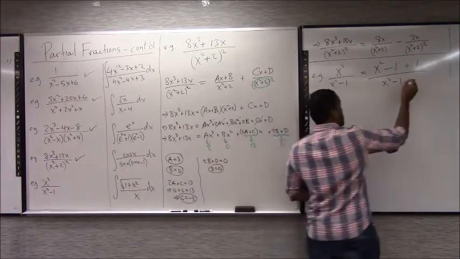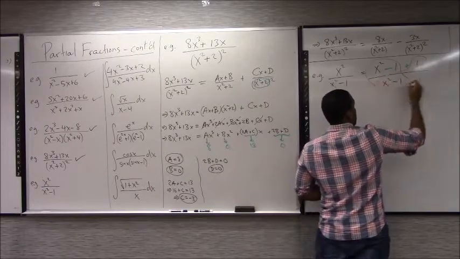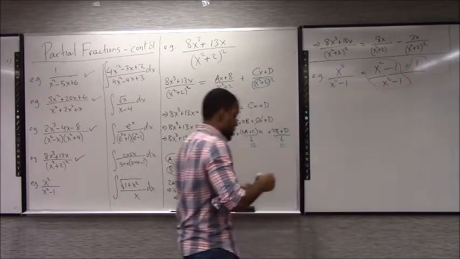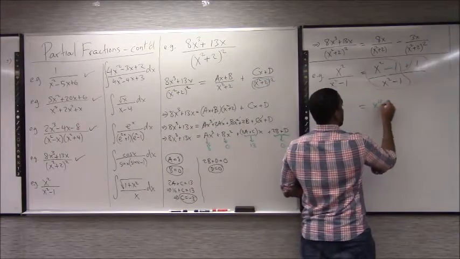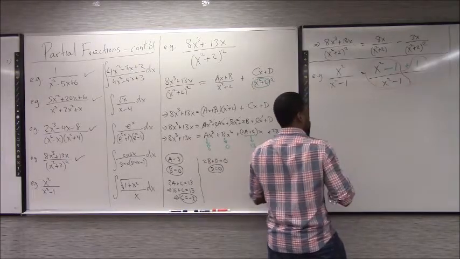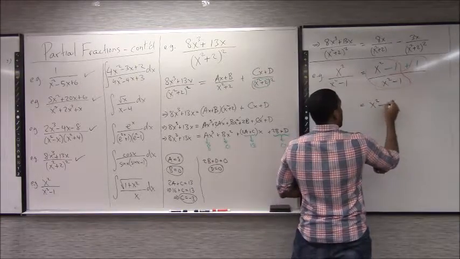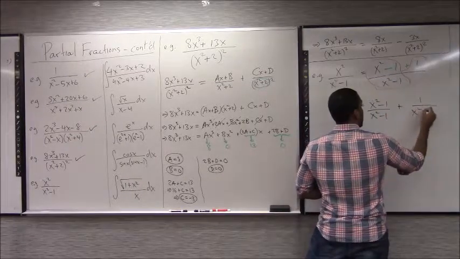Well, now I can break this fraction up into two parts, because we can break a fraction along the numerator. And so I could say this is just x squared minus 1 over x squared minus 1 plus 1 over x squared minus 1.